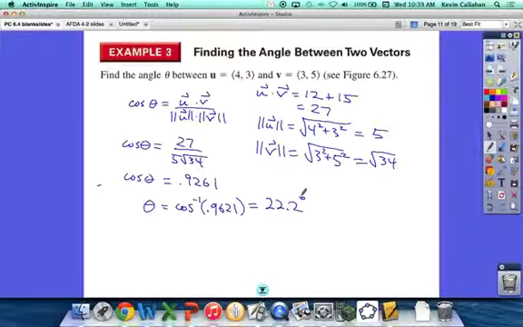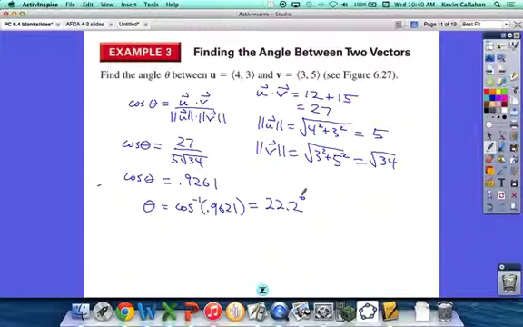Is it good? You did 27 divided by 4 times square root of 5. 5 times square root of 34. Uh-huh. I think that's it. What would you get? I got 31. So you have to have that in parentheses, or else do it like that: divided by 5, divided by root 34. Yeah. Okay.